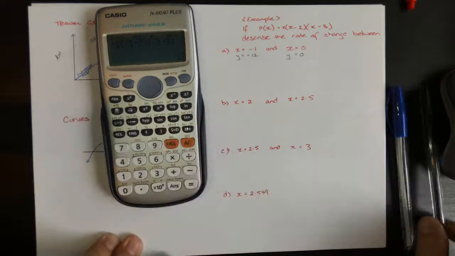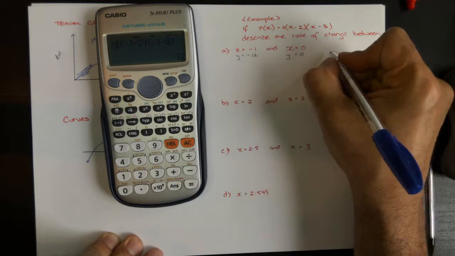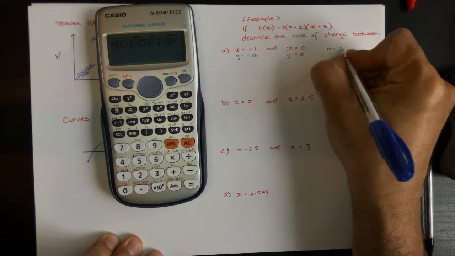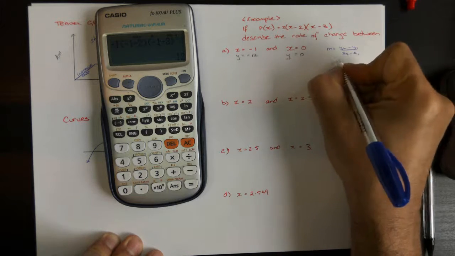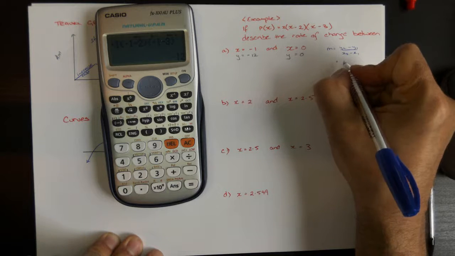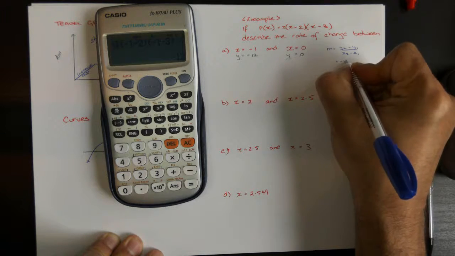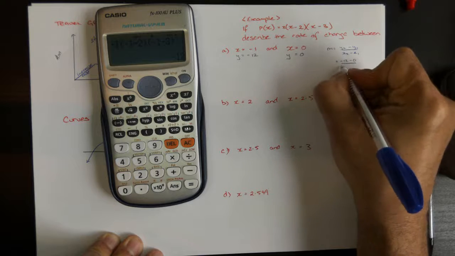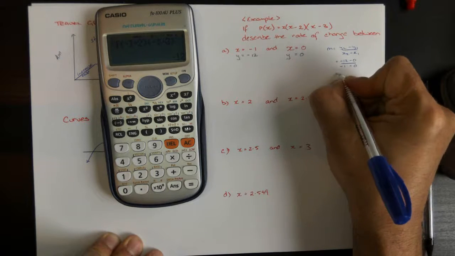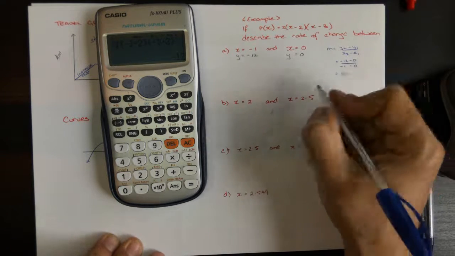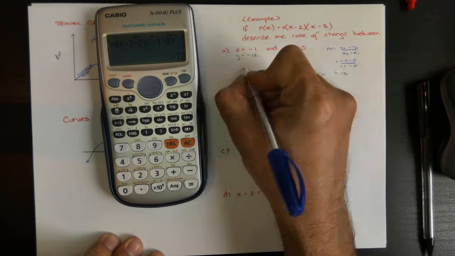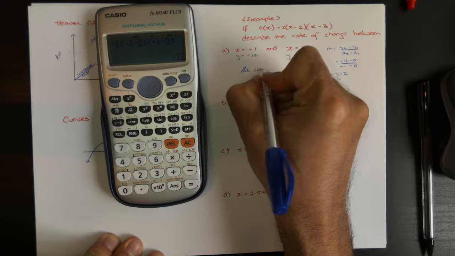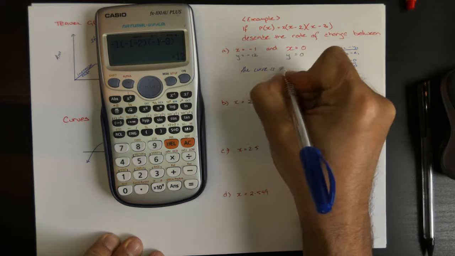Alright, so what we're going to do is plug that into our formula, y2 minus y1 over x2 minus x1. So we've got -12 minus 0 over -1 minus 0. So I get positive 12. So it means that from these 2 points, the curve is increasing.